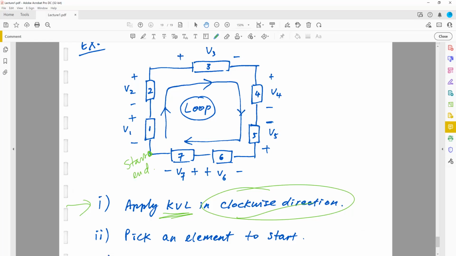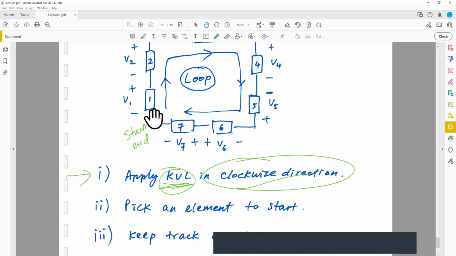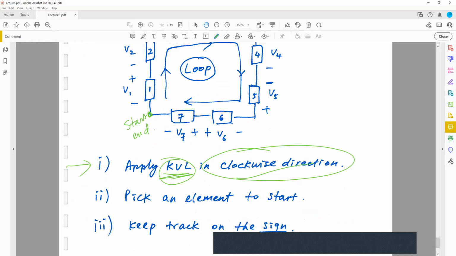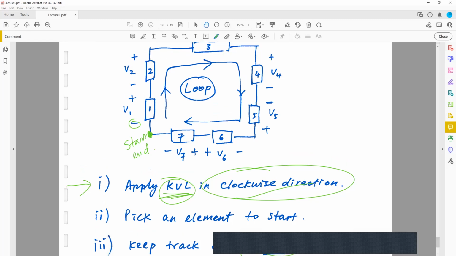Okay. So now I'm going to apply KVL. I'm going to say the algebraic sum of the voltage drops around the loop has to be equal to 0. But one thing that is very important to keep in mind is you need to watch for the sign. Remember sometimes there is negative. So if this is my starting point, I keep track of the sign.